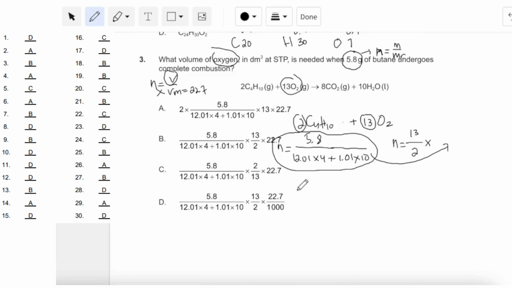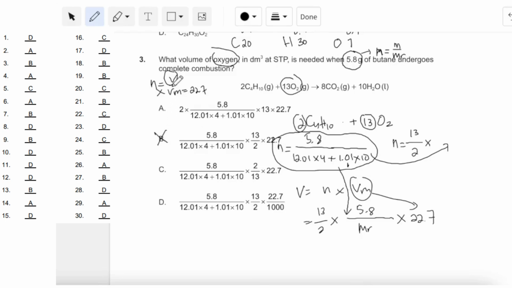So V will be N times Vm. N is 13 divided by 2 times this one, and then times 5.8 over the MR of C4H10, and also times 22.7, which is Vm. All right, so the answer will be B.